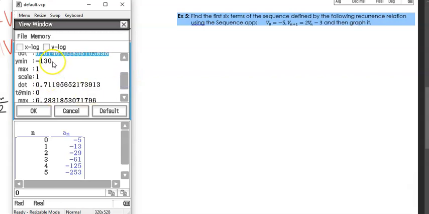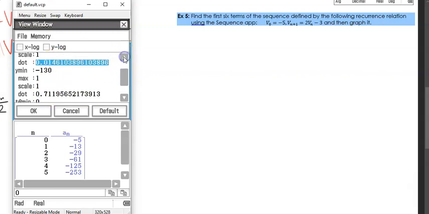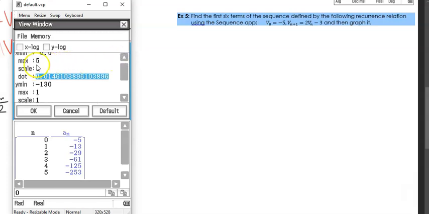The next one is your Y minimum. Now, in order to get the Y minimum, if our max iteration is going to be 5, when we see the 5th value here, this goes to negative 253. Maybe I can push this down to say negative 260. So I've gone just a bit past what the 5th value is.